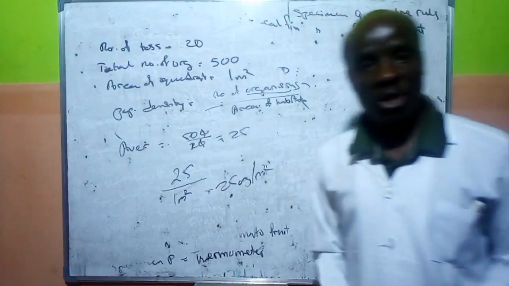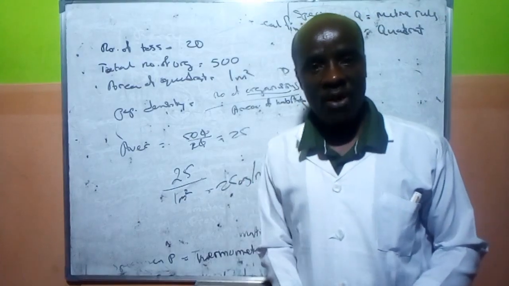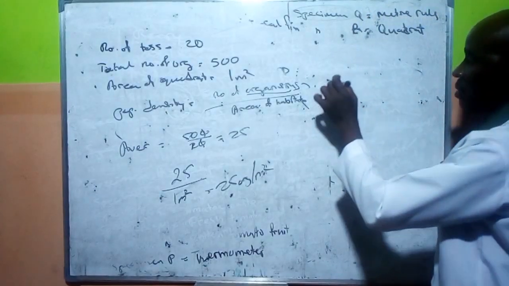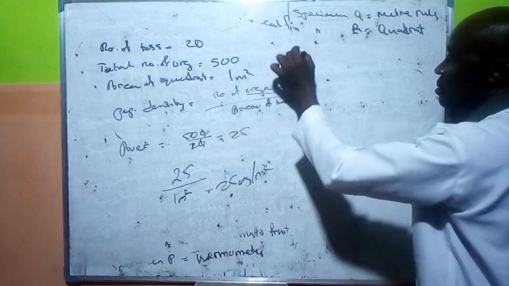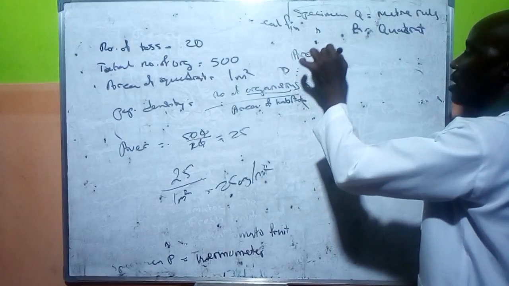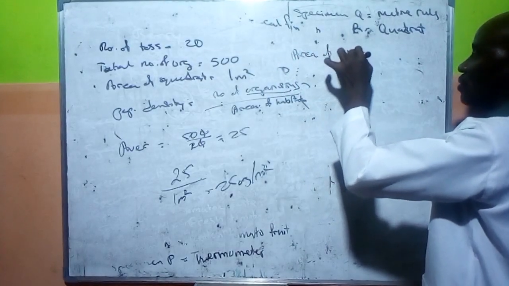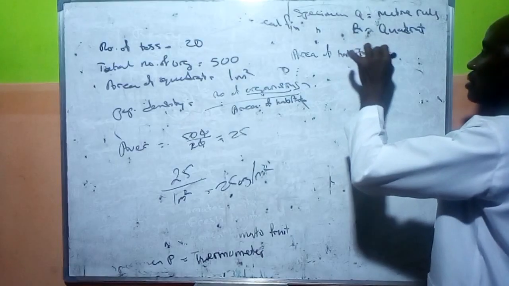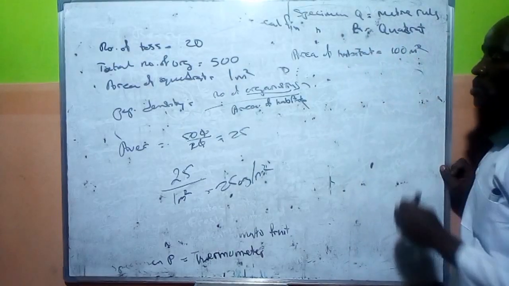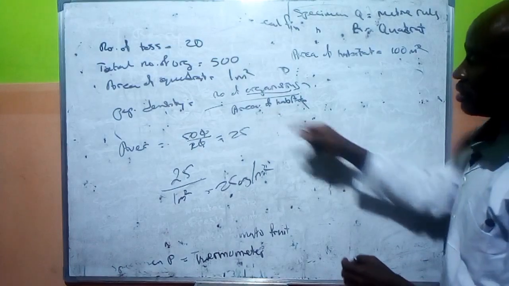For example, the real area of the habitat of the organism we are studying is, let's say, 100 meter square. So we can substitute it here.